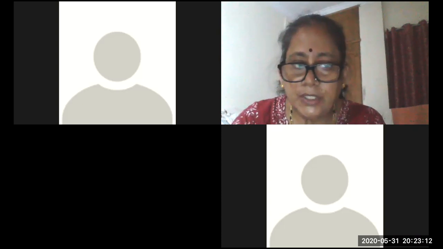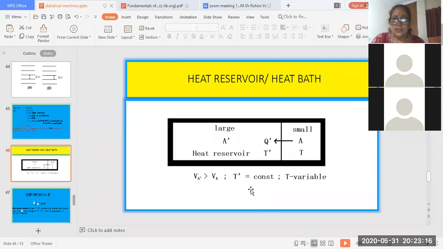So the larger system is called a heat reservoir. The smaller one cannot exchange heat. Of course, it can lose a little amount of heat compared to the larger one.